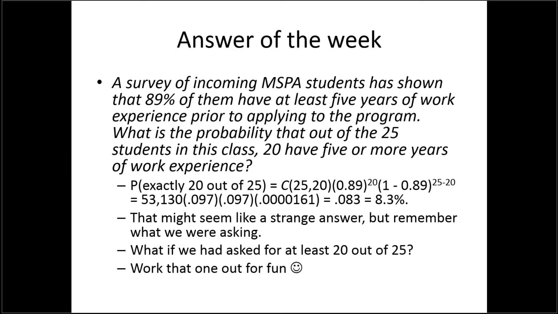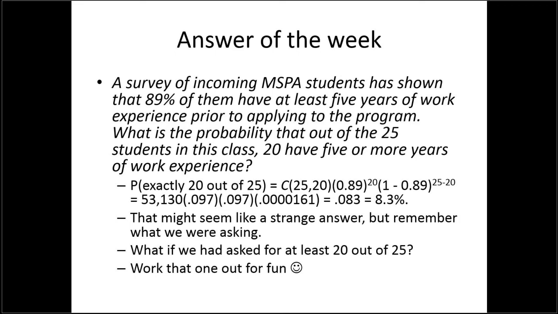Okay, so if you set up the equation correctly, it's the combination of 25 and 20, times the 89% probability raised to the 20, since we're looking at the chances that 20 do, and the complement of 89%, which is 11%, with the exponent 25 minus 20.